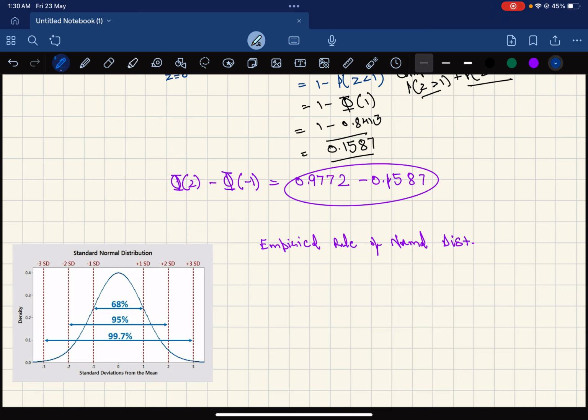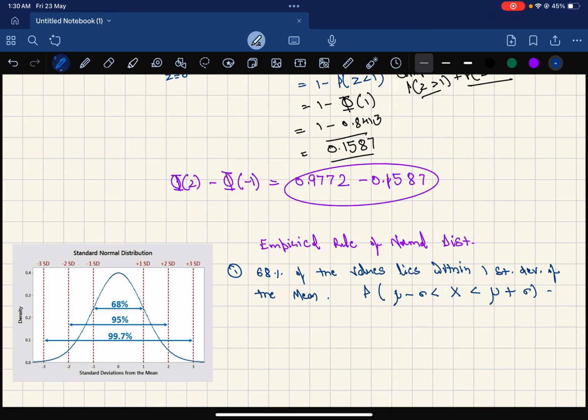What this states is that 68% of the values lie within one standard deviation of the mean. This simply means P(mu - sigma < X < mu + sigma) is equal to 0.68.